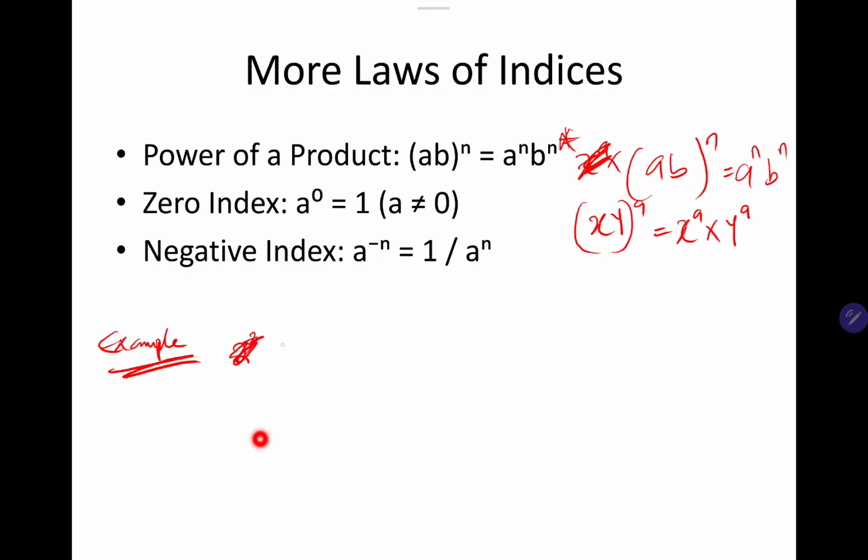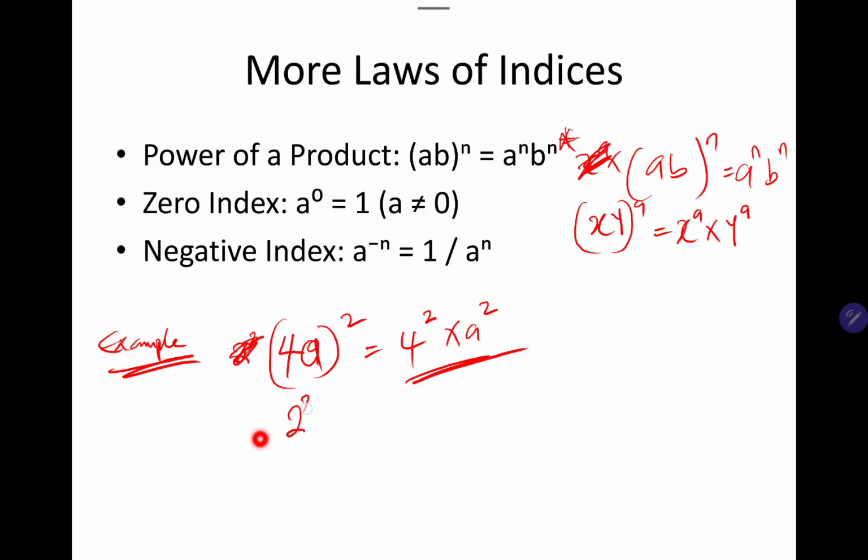We say 4a all raised to the power 2. Yes, 4a all raised to the power 2. This is the same thing as 4 raised to the power 2 times a raised to the power 2. Yeah, in further classes, we'll learn how to simplify things like this.